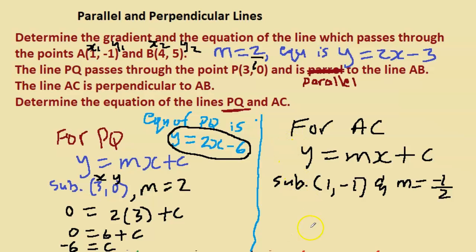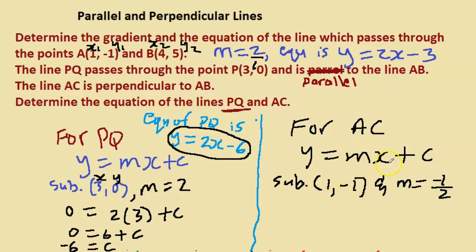Okay? And so we sub these into y equal mx plus c. So again, let me just repeat. We know the line AC passes through 1, negative 1, because the line is called AC, it means it passes through A. A is a point on it. And then we know the gradient is negative a half because we are told it's perpendicular to 2, which means it would have a negative reciprocal for its gradient.